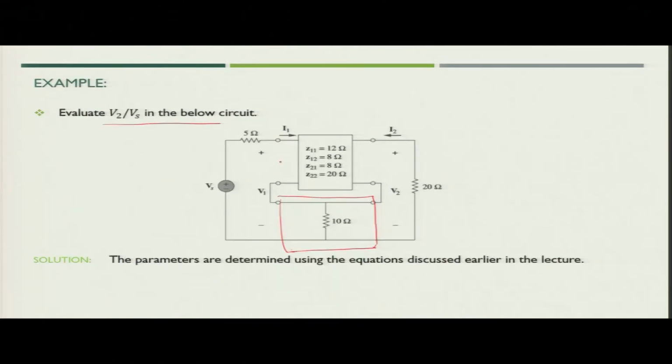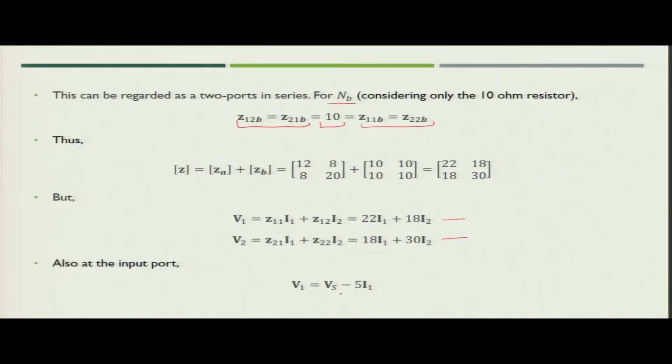Now, from the figure, V1 is the input port voltage, but before that we have one voltage source connected in series with a 5 ohm resistance. So, what can we write? V1 is nothing but equal to Vs minus 5 into I1, because I1 is the current which is flowing through the port. So, V1 is equal to Vs minus 5 I1.